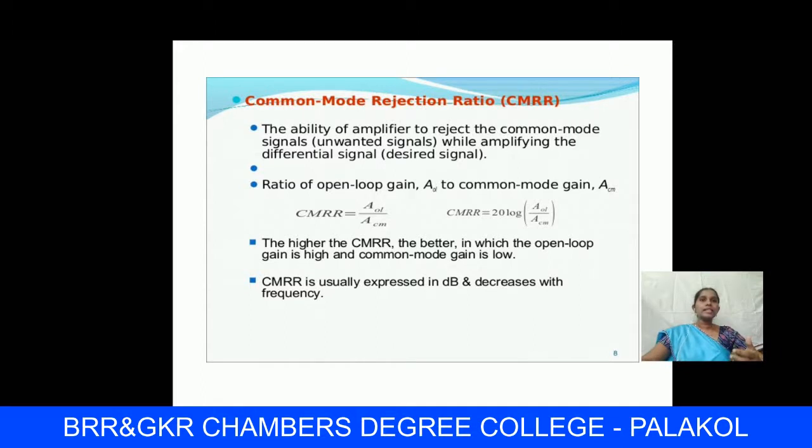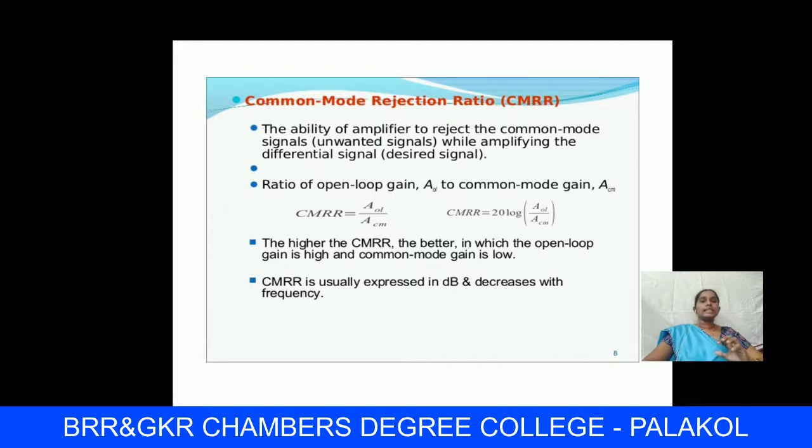The higher the CMRR, the better, in which the open loop gain is high. That means the common mode gain is very low when compared to the open loop gain. Then only the CMRR gives a highly accurate result. The higher the CMRR, the better, when the open loop gain is high and the common mode gain is low.